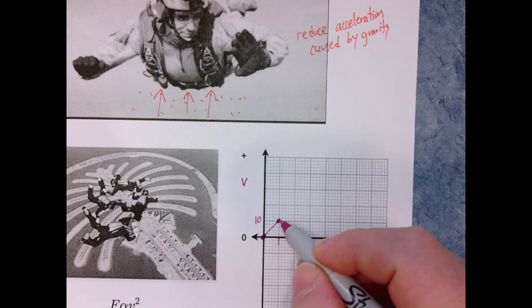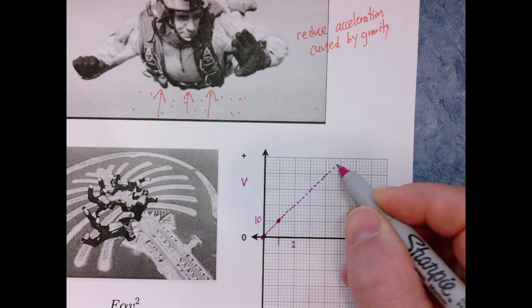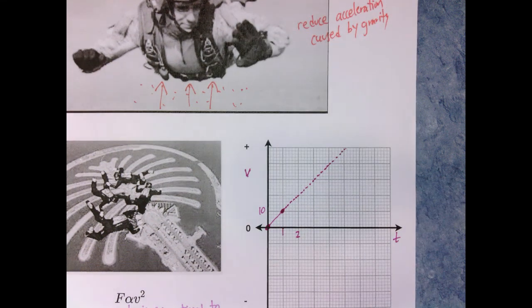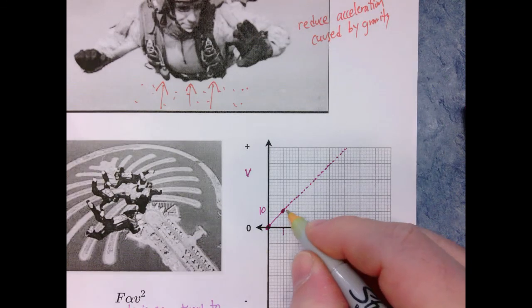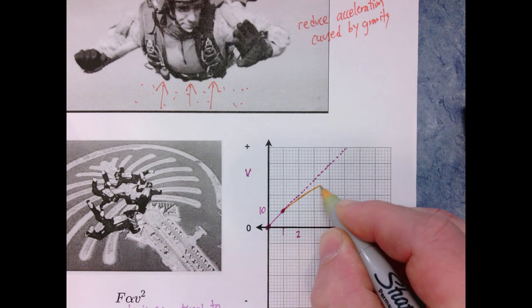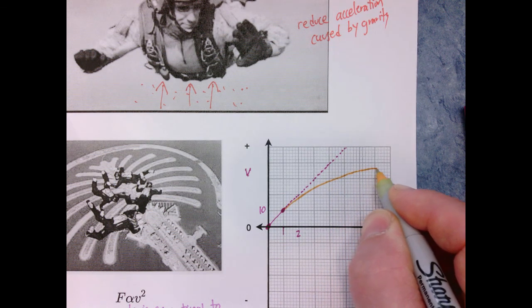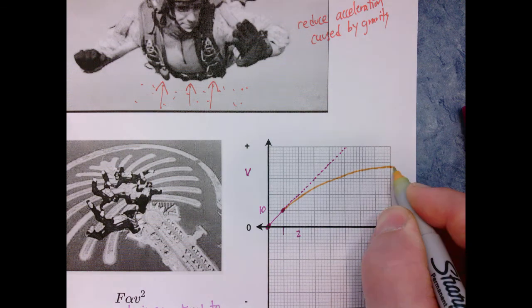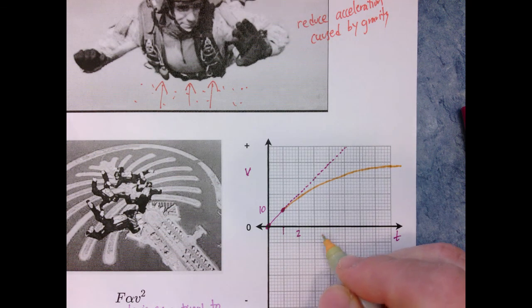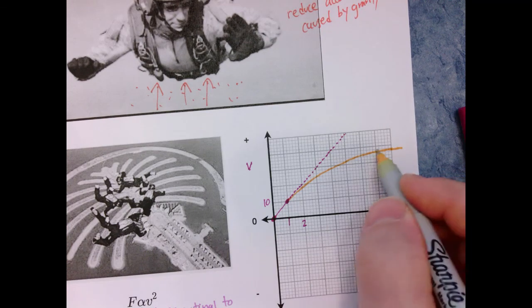So what I'm going to do is draw this line, which is how it should behave. But what actually starts to happen as the speed picks up is the air resistance starts to have an ever greater and greater effect until eventually the resistance remains constant.